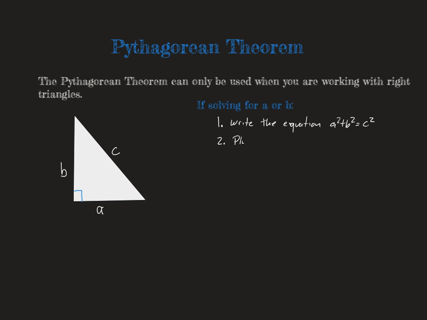So that means that you're going to input C and A or B, if you're going to be looking for A or B. The next thing is to square the values.